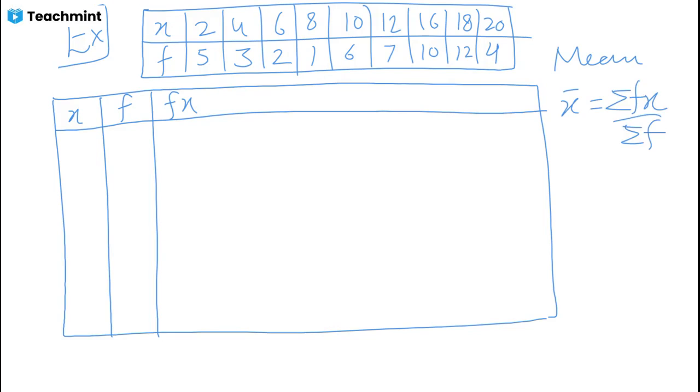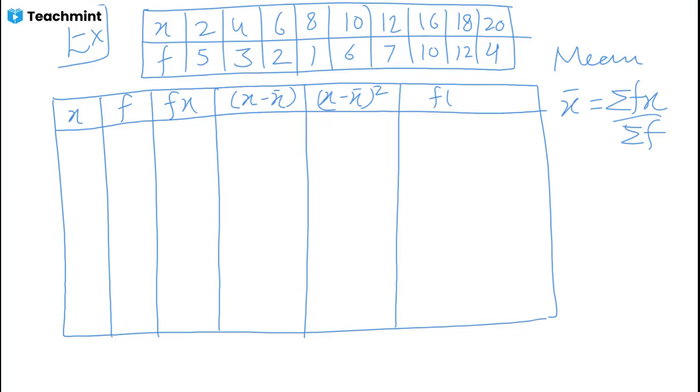We have done this formula already, so we need a column of this also. Next, we'll find x minus x bar, then x minus x bar whole square, then just multiply f with (x minus x bar) square. Okay, so let us write values.